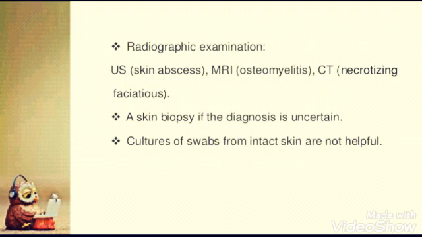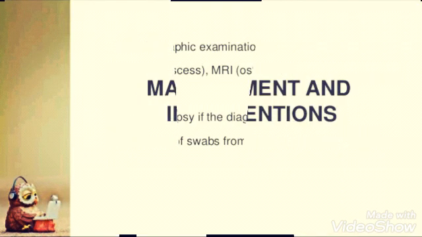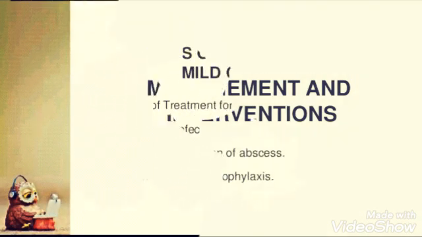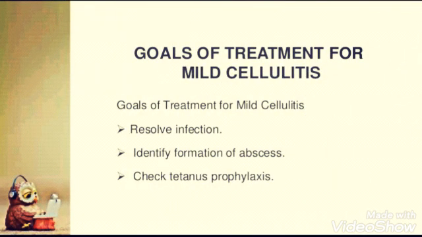Then we can go for the management and interventions. What type of care you can take of the patients with pharmacological and non-pharmacological interventions. The first is goals of treatment for mild cellulitis. The person has the first stage of cellulitis, so what are you going to do? Goals of treatment for mild cellulitis are: resolve infection, identify formation of abscess, check tetanus prophylaxis.